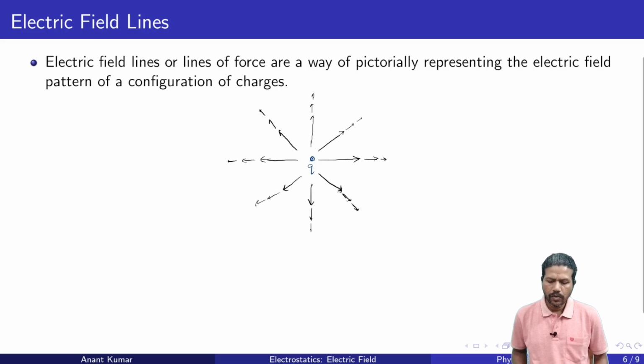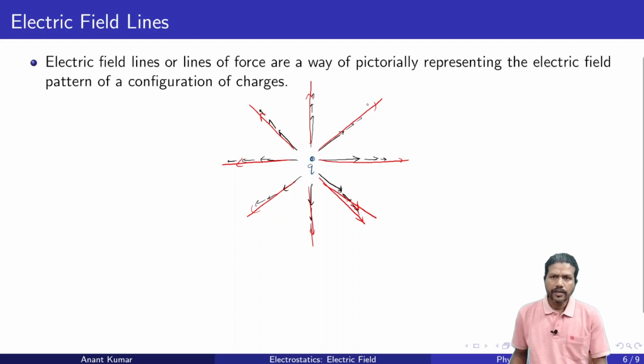However, instead of having these vectors, we can just join them continuously. So I just join them. Now these are becoming lines. They are no longer vectors, but rather lines. They have become lines of force, or the electric field lines. Now in this case, because these are no longer vectors, the directions are still indicated by the arrows that we have over here.